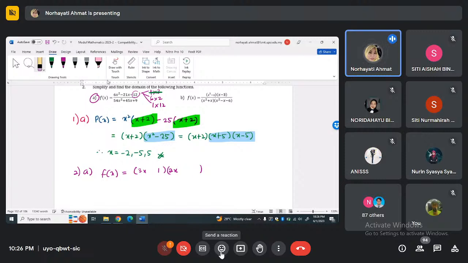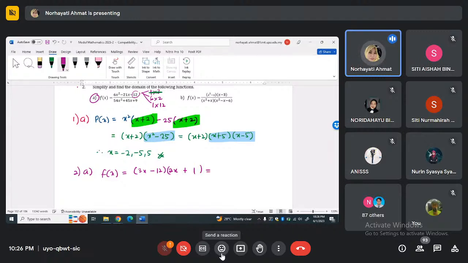Boleh ke? Sini 12. Ini 1. 6, 3 plus 24. Betul. Boleh? Okay. Negative. So, one of the number is negative. So, 3 sini 24. So, negative sini, positif sini. Betul?